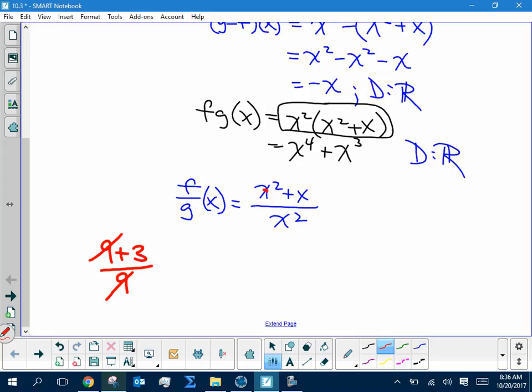Okay. Can I do this though? Can I take an x out of the top and get x plus 1, and now on the bottom I have x squared, and now cancel that x with one of these x's, leaving me x plus 1 over x? Does that kind of make sense? That's legal because when I add the 9 and the 3 together and get 12 over 9, there's a common factor that will divide 12 and 9.